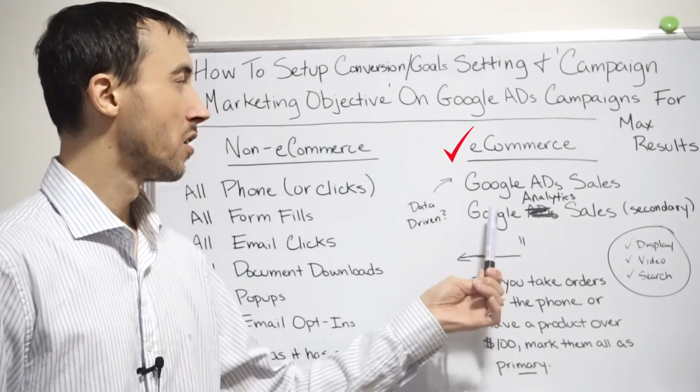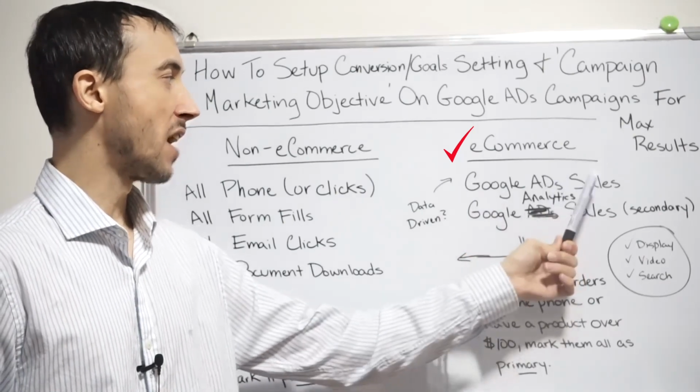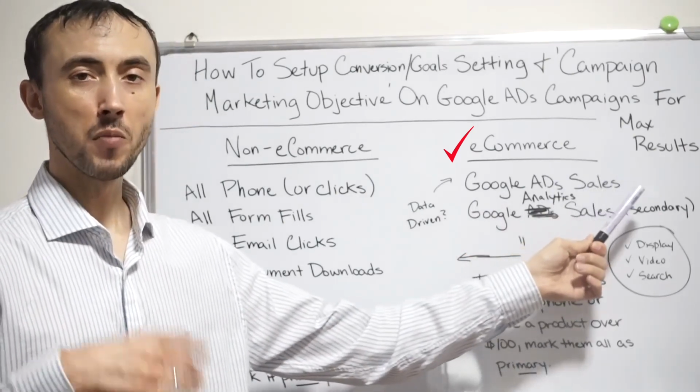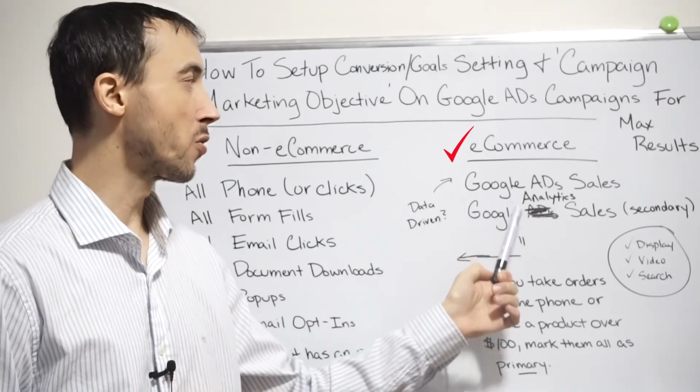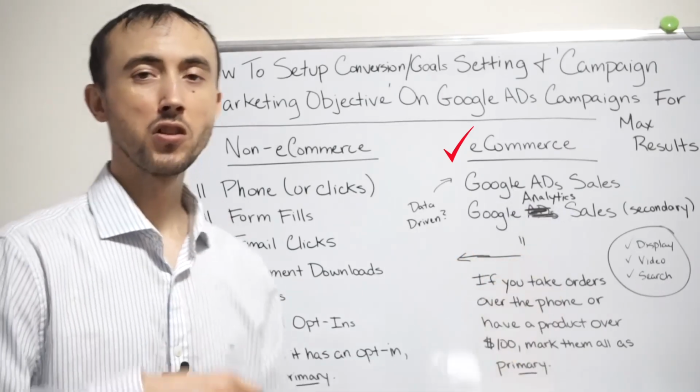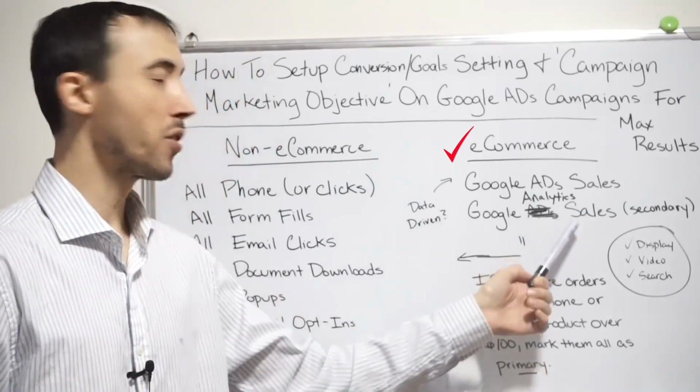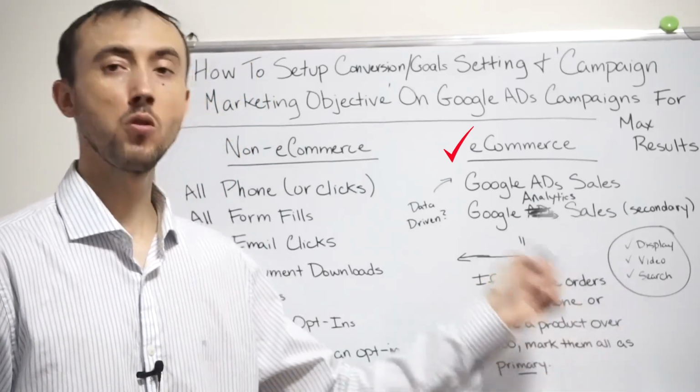Usually what we'll do is set up the Google Ads conversion tag to track the cart purchases into Google Ads, and then set up purchase tracking through Google Analytics, and then import the purchase goal from Google Analytics to Google Ads.